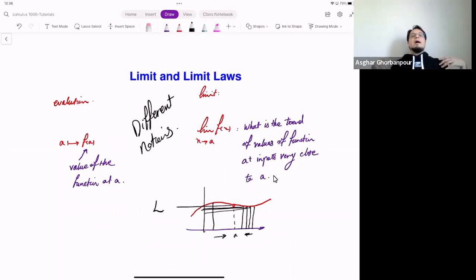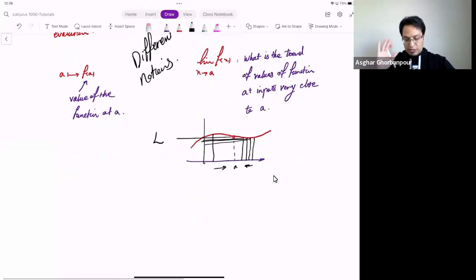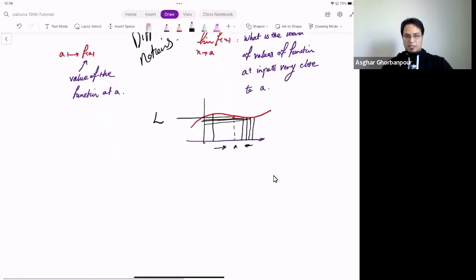They may turn out to be the same in some cases, in good cases, but in general, when we study value of the function, we study only value of function at one point. When we study limit of function as x goes to a, we don't consider value of the function at a, but the trend of values of function as the inputs get closer and closer to it. So you have to make sure that you understand these two and you see the difference between these.